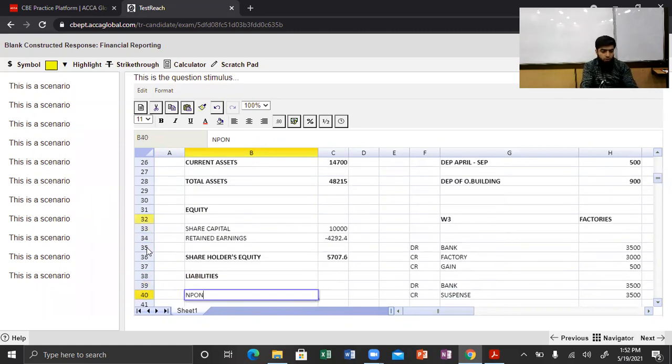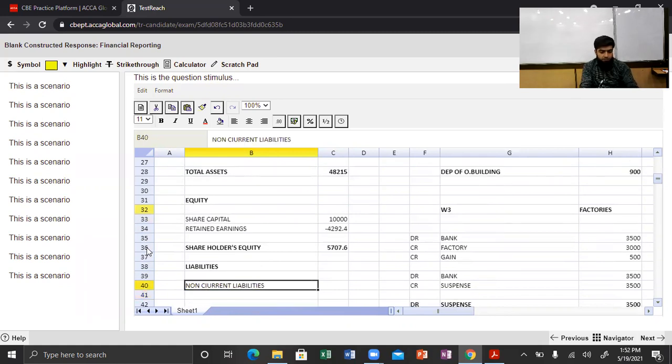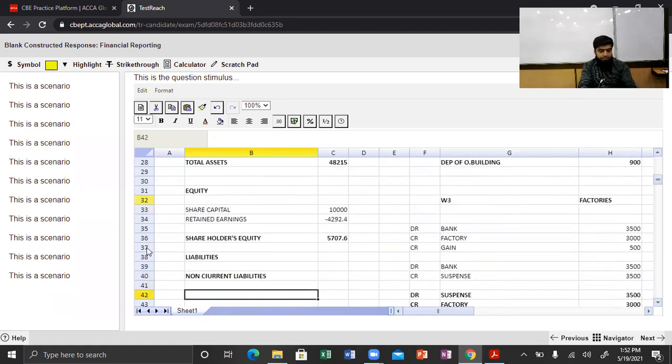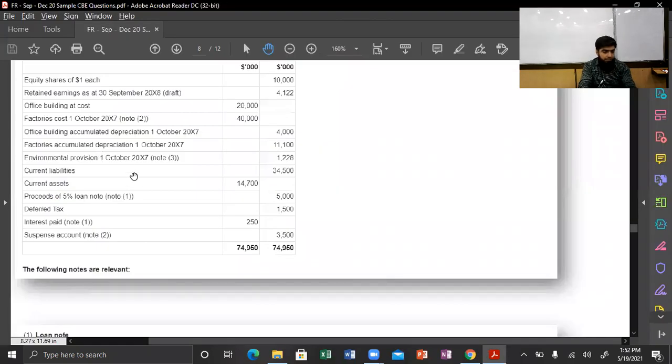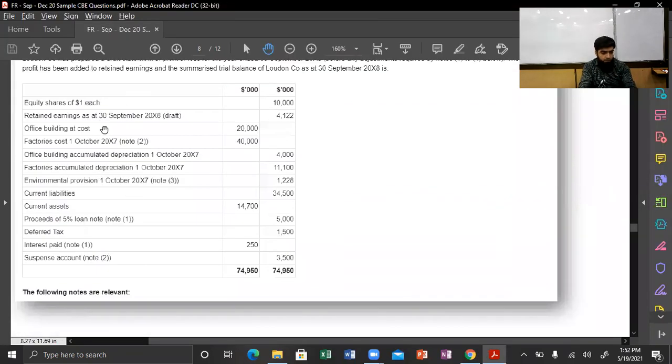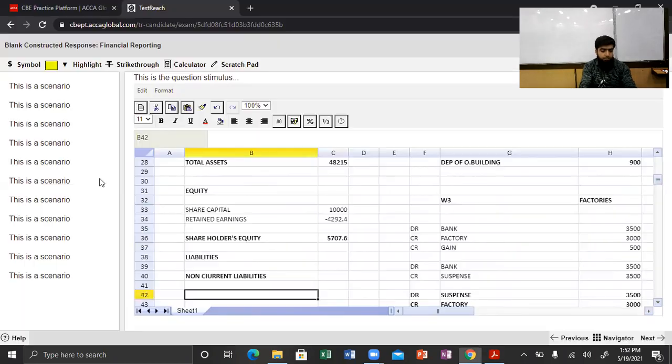Liabilities, let's work on the liabilities side. Non-current liabilities, or long-term liabilities, we can say. Is there any long-term liabilities? Let's see. If you look at the trial balance, environmental provision.